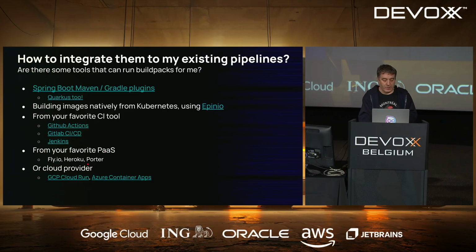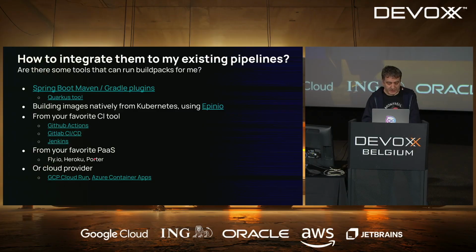And if you are more into cloud providers, just know that GCP Cloud Run relies on Buildpacks, but their own implementation. They're not using Paketo Buildpacks, but their own. And Azure Container Apps are now using Paketo Buildpacks. I think they used to have their own Buildpacks, but they slowly switched over to Paketo.